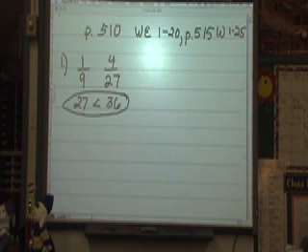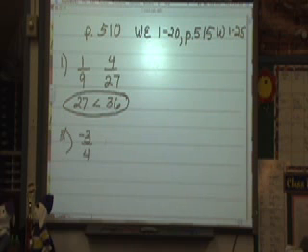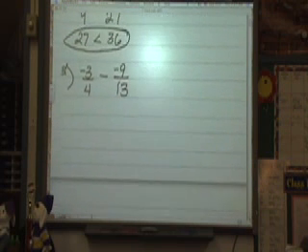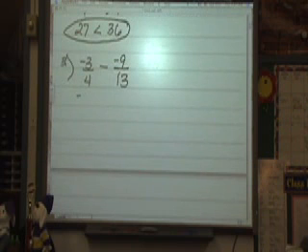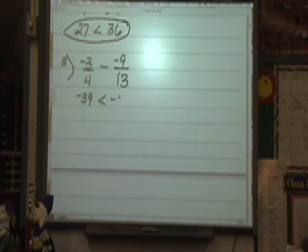Number 3, write the problem down. It's negative. Make sure your negative signs stay with the numerator. Negative 3/4 compared to negative 9/13. Cross products. It's negative 39 is less than negative 36. Good.